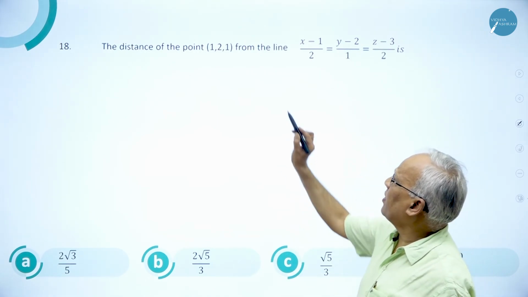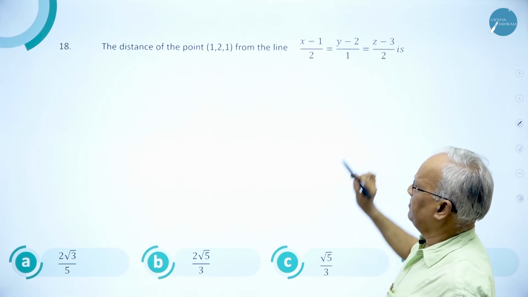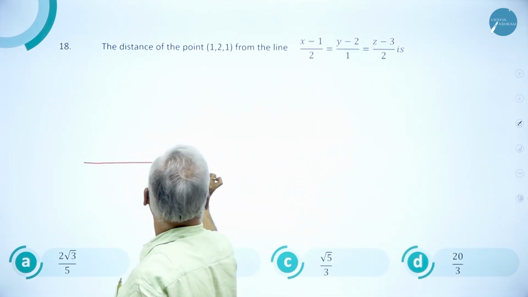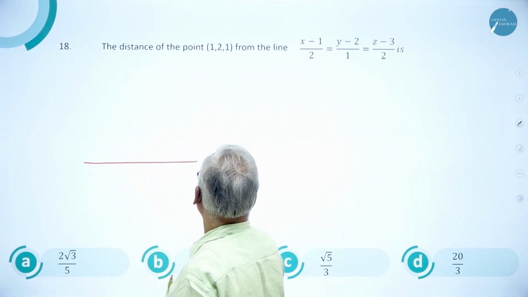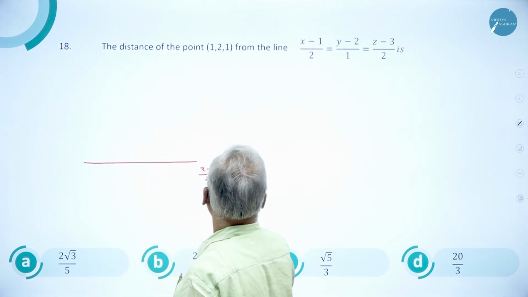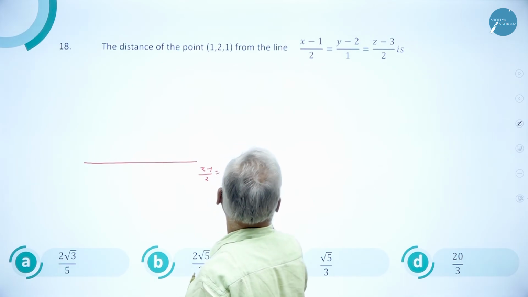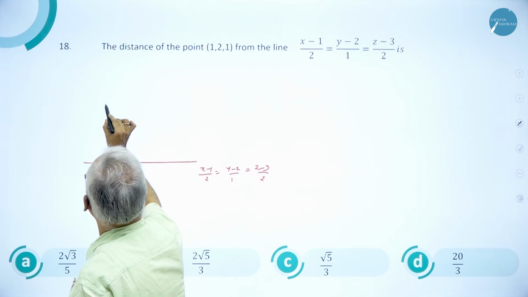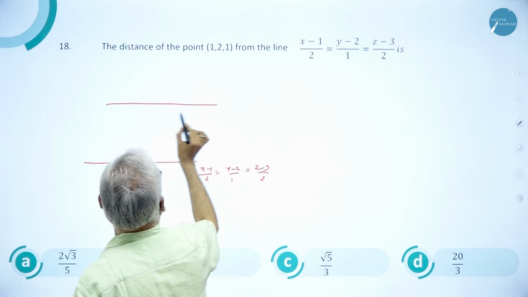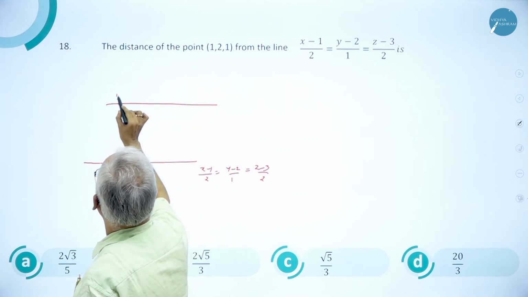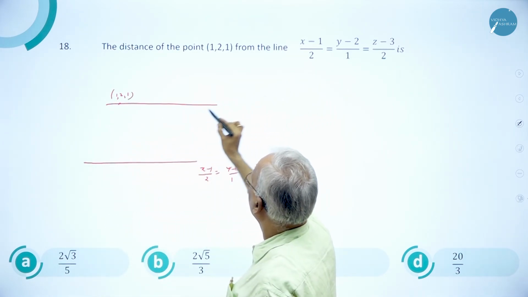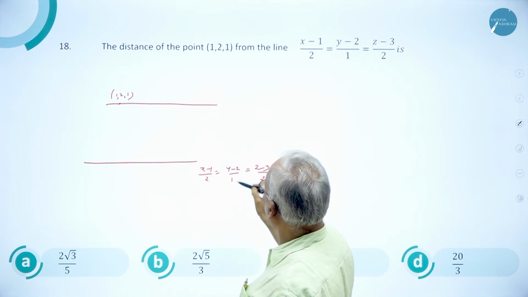The distance of the point 1, 2, 1 from the line. So here you have a line whose equation is (x minus 1) divided by 2 equal to (y minus 2) divided by 1 equal to (z minus 3) divided by 2. And you just draw a line through the point 1, 2, 1 parallel to this line, whose equation is obviously the same.